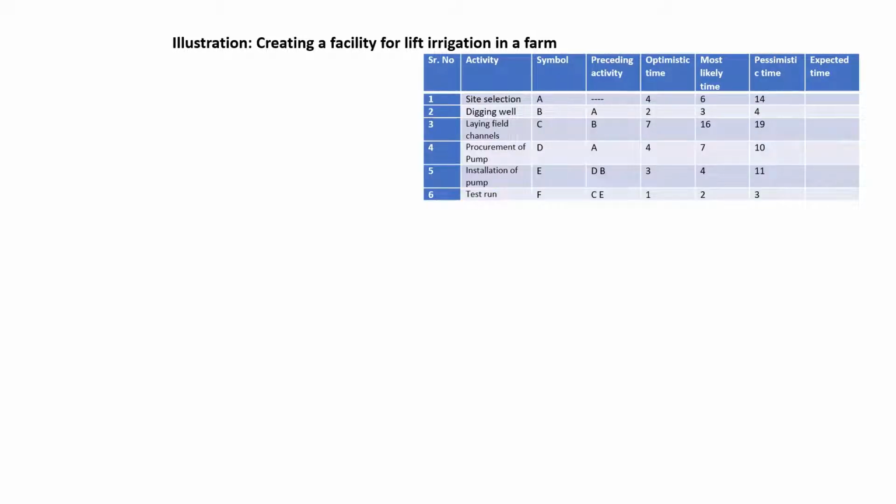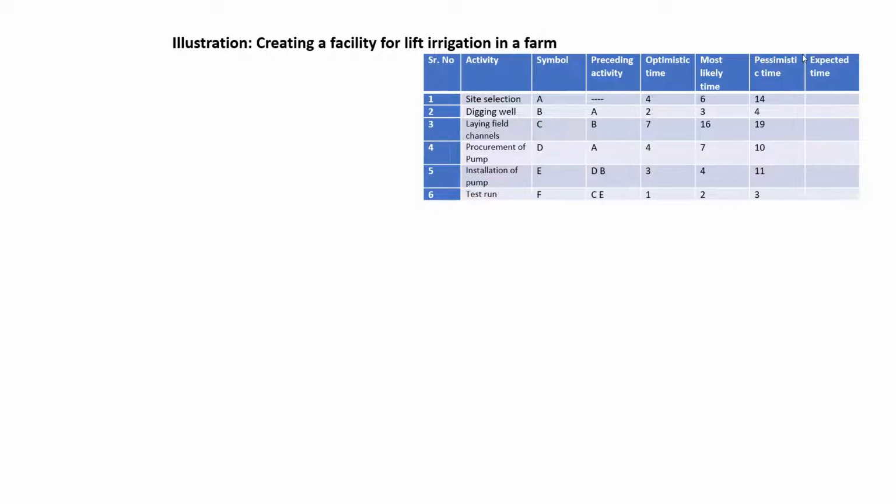Let us see how to draw a project network diagram for creating a facility for lift irrigation in a farm. This information will be provided to us, wherein we will have an activity name, symbol, preceding activity, optimistic time, most likely time, and pessimistic time.